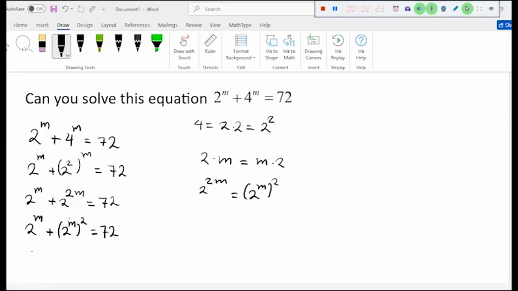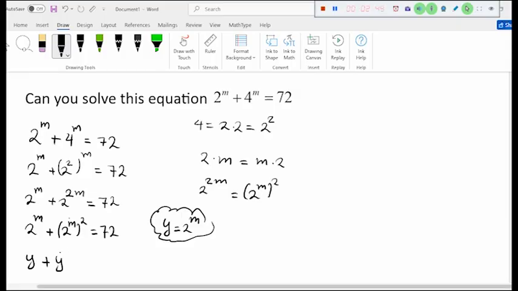Then we substitute y equal to 2 to the power of m. Instead of 2 to the power of m, we can write y plus y squared equal to 72.